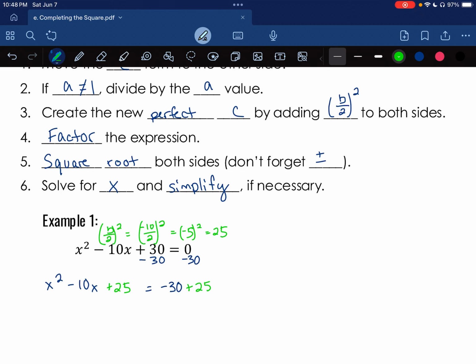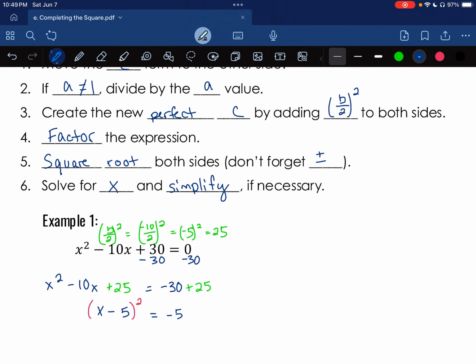Now, remember, the whole goal of that was that it was going to factor as one binomial squared. So this is going to look like x, keep the first sign, minus 5, the square root of 25, and that's going to be equal to negative 5. All right, now we're going to square root both sides of the equation.